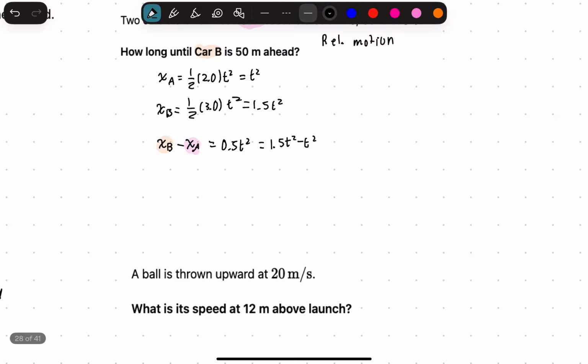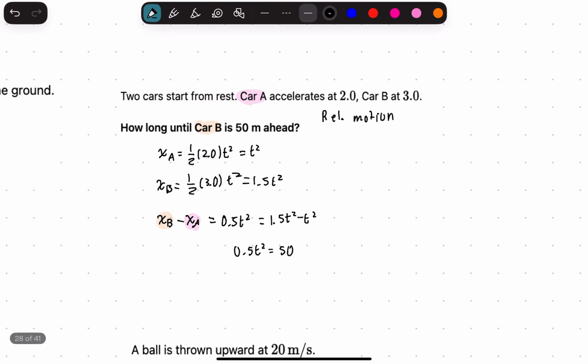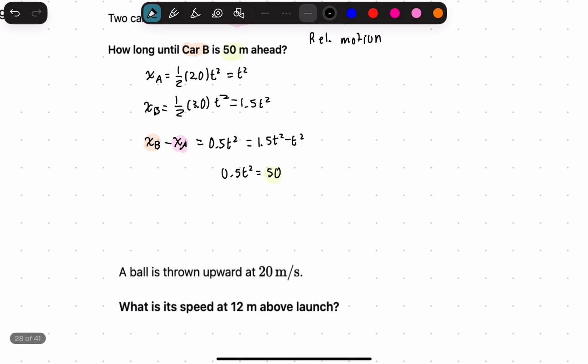Now we can set that equal to 50, so 0.5 t squared is equal to 50. And that's because this is the difference, right? Then if you divide both sides by 0.5, you have that t is just equal to a nice 10 seconds. Okay.